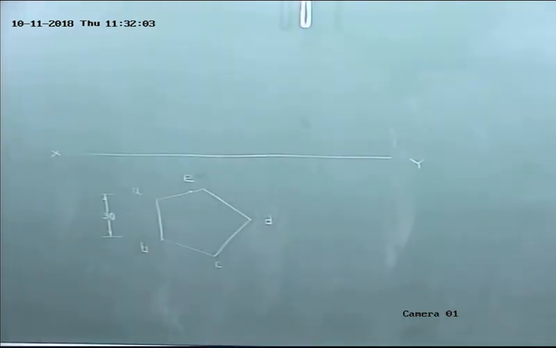Where is your scale? 108 degrees. 50 degree I will tell you later. Wait.